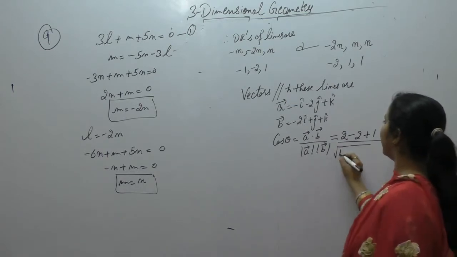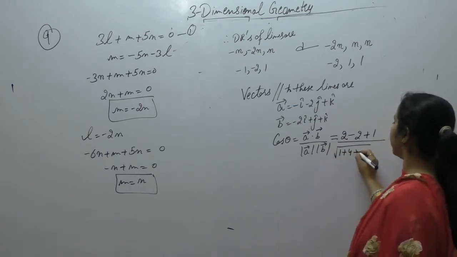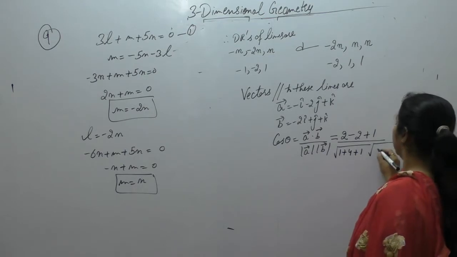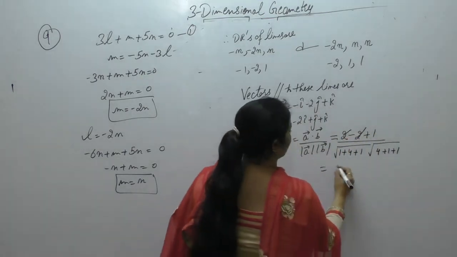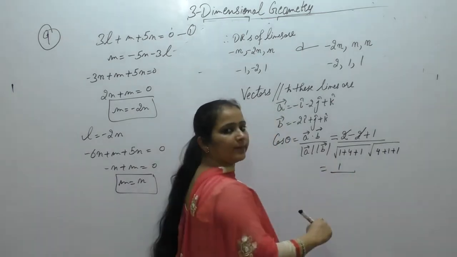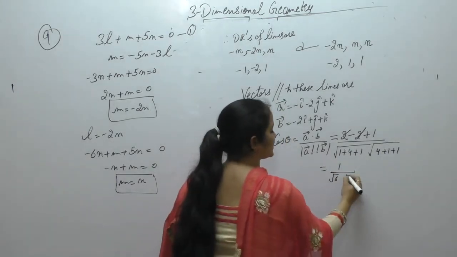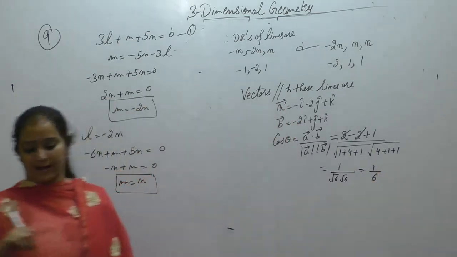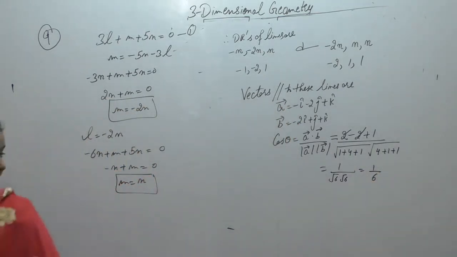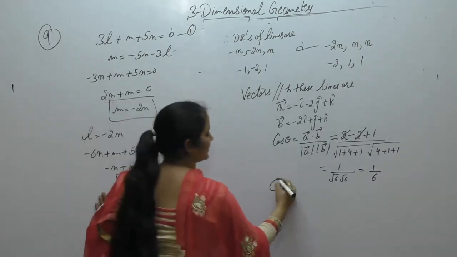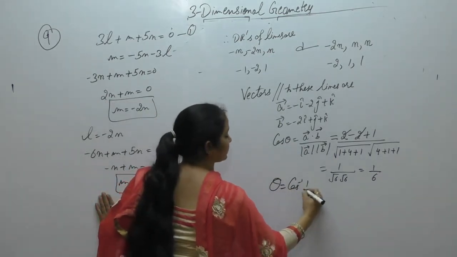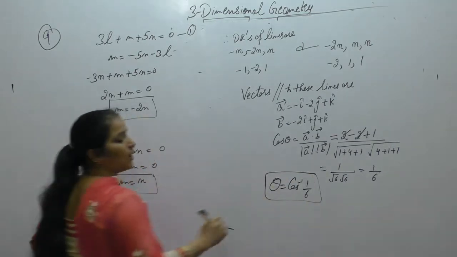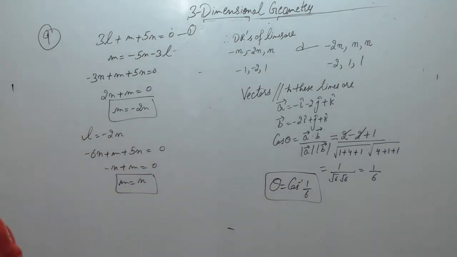Square root of 1 square, -2 square and 1 square; -2 square, 1 square and 1 square. So what we get? 4 plus 1, 5 plus 1, 6. Square root of 6 into square root of 6, that is 1 by 6. So theta is cos inverse 1 by 6.